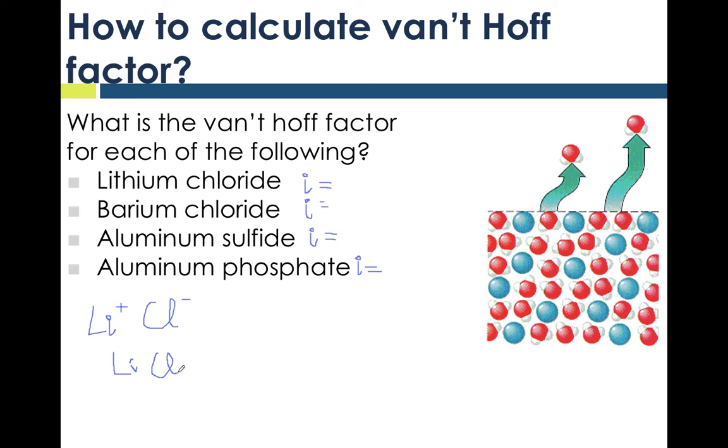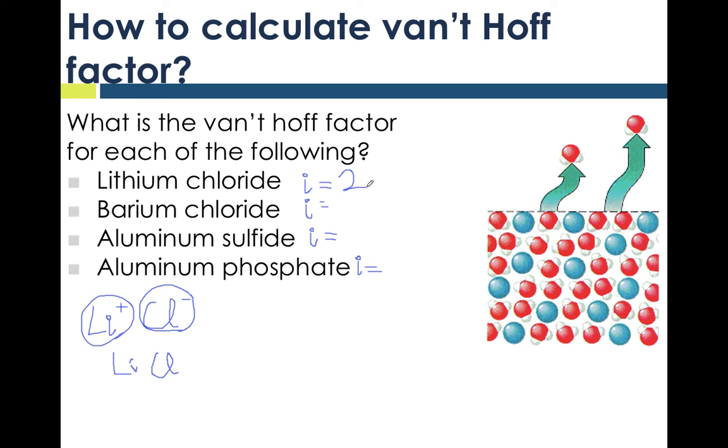Now to figure out the Van 't Hoff factor, all you have to do is look at how many ions did you have to use in total to make this molecule. So let's think about how many ions I needed to make lithium chloride. I needed the lithium ion and I needed the chloride ion, and that's it. I just needed these two. So my Van 't Hoff factor for lithium chloride is 2 because I needed 2 ions to make it.